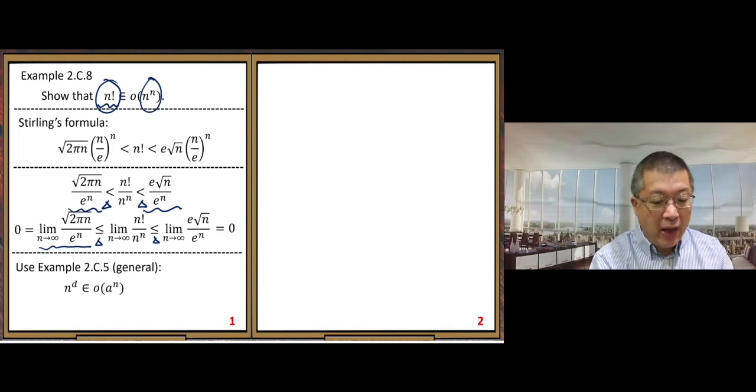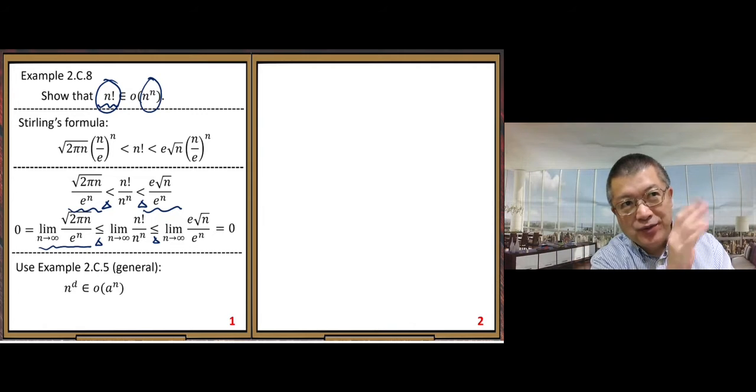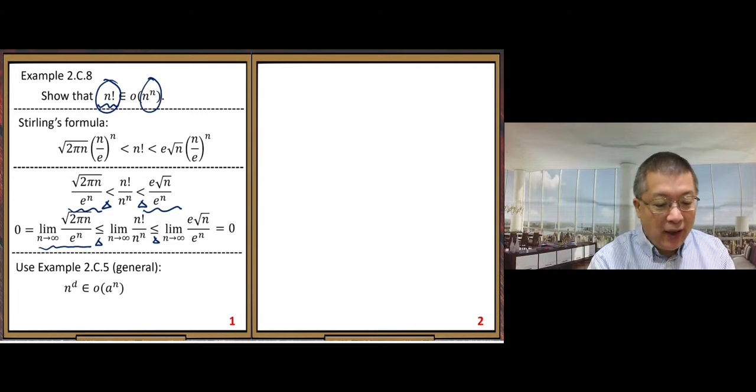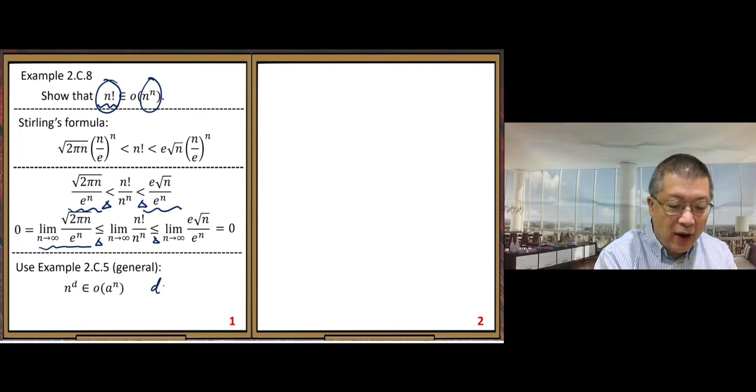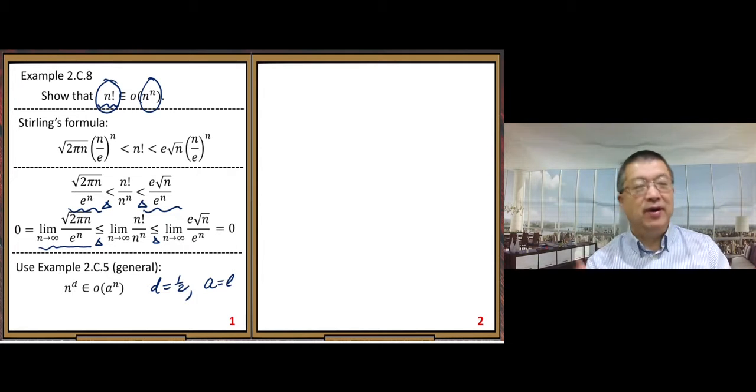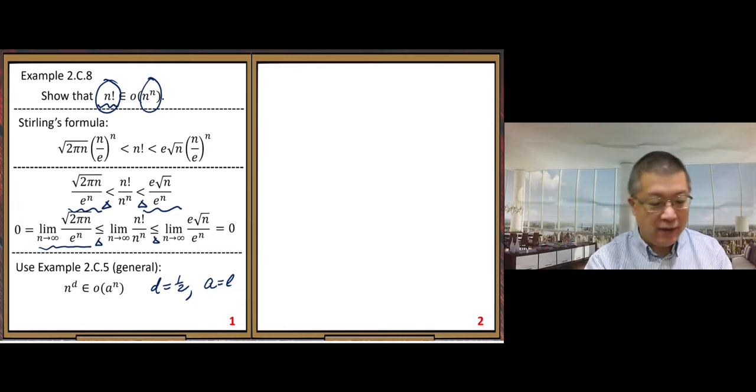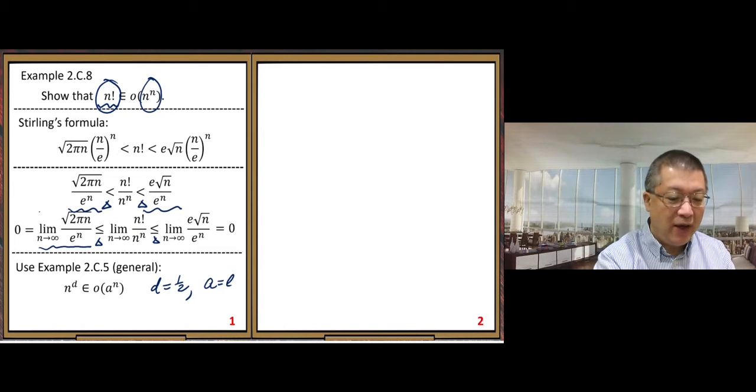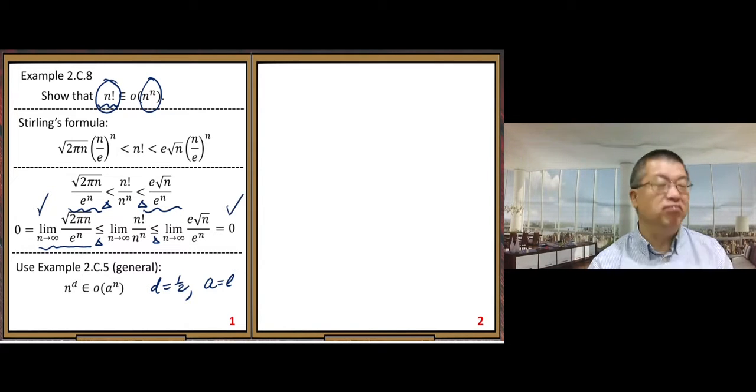In that one, we have n to the d belongs to little o of a to the nth. Can we apply this result directly? Here d equals 1/2, right? And a equals e. When you apply this result, then we have that limit equal to 0.